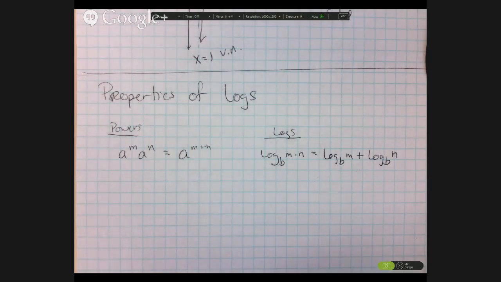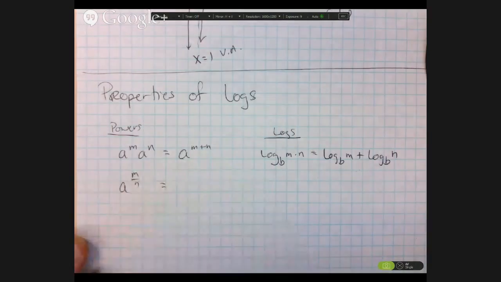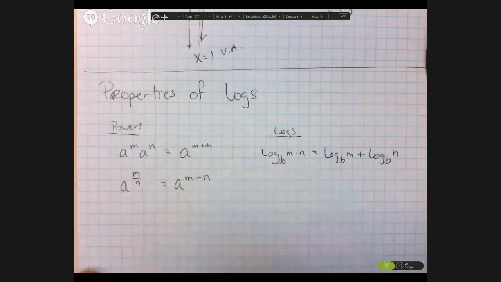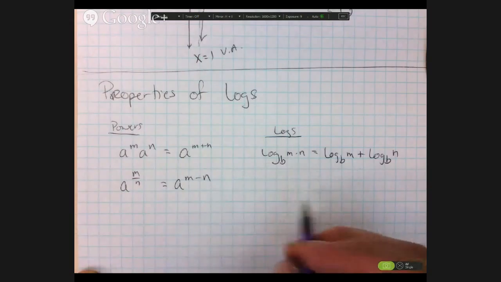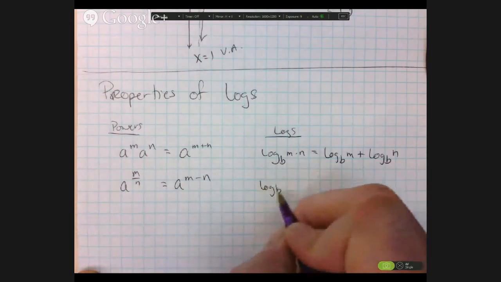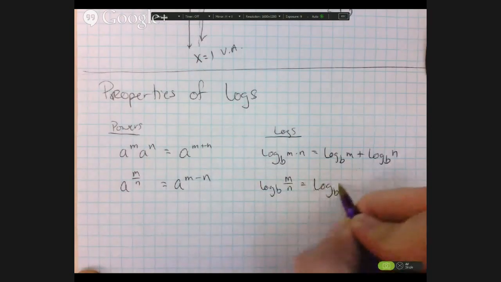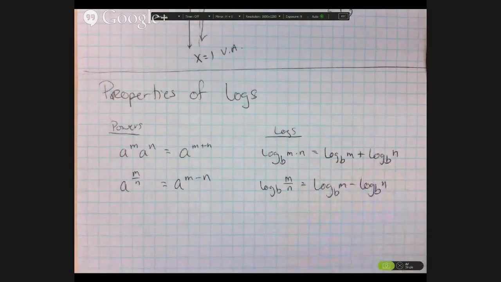Here's the next one. Yep. So we can write a similar rule for logs here. We subtract them. So those two directly compare to each other.